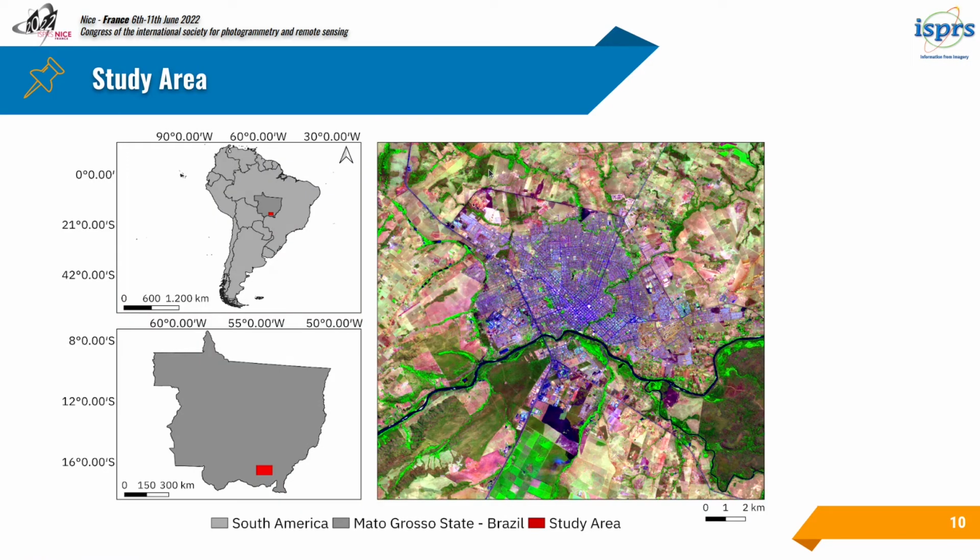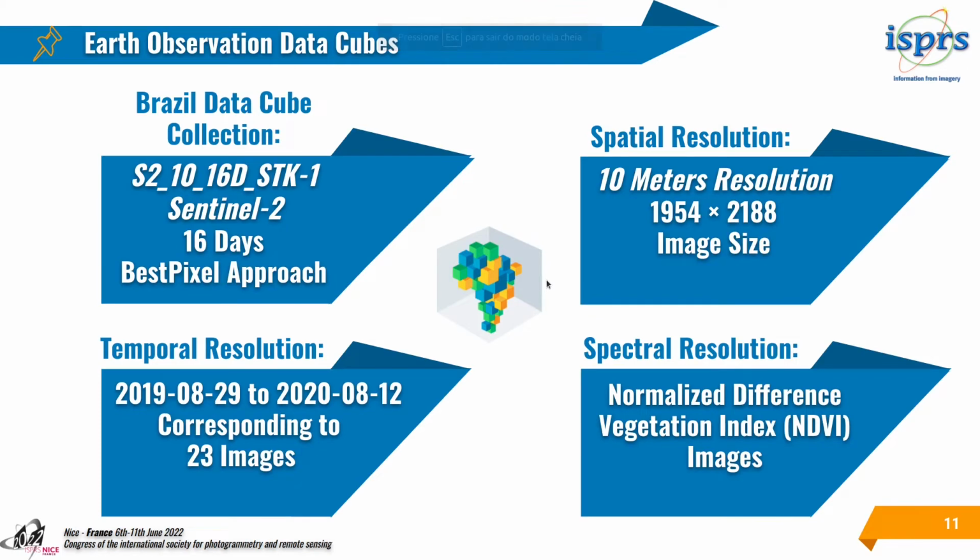The study area of the work is located in the southeast of the state of Mato Grosso and is a very heterogeneous region consisting of vegetation, water bodies, urbanized areas, agricultural areas, among others. The data cube for this work is Sentinel-2 with 26-day temporal compositions using the best pixel approach.